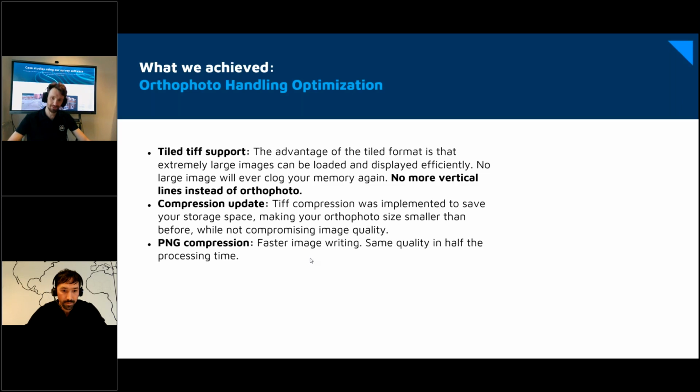You just got some vertical lines. That is now taken care of. You can simply import any tiled TIFF. What is a tiled TIFF? A tiled TIFF is sort of a bigger TIFF file that is comprised of tiles, and it loads tile by tile.